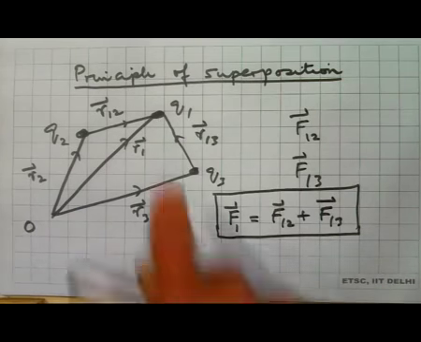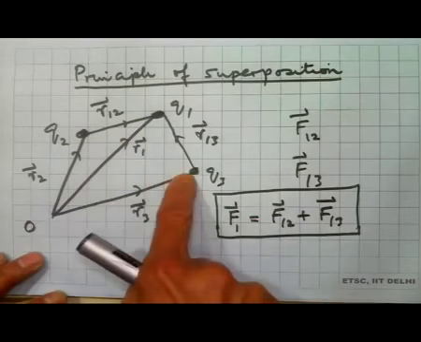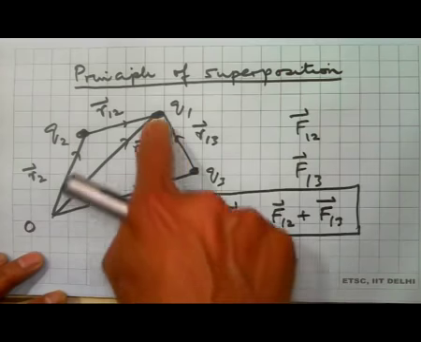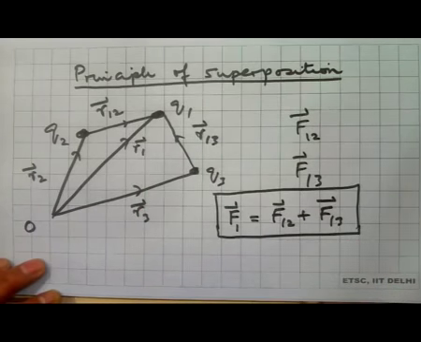That means, to calculate the total force on a charge, I add up the forces of each individual charge on this charge vectorially, and that gives me the total force. Now, this is a very, very significant result.